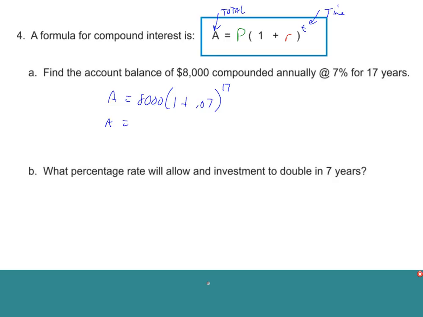So if somebody put $8,000 in an account for you at birth and we're getting 7%, when you turn 17, you would have $25,270.52. The miracle of compound interest. That's if somebody put $8,000 in an account for you.